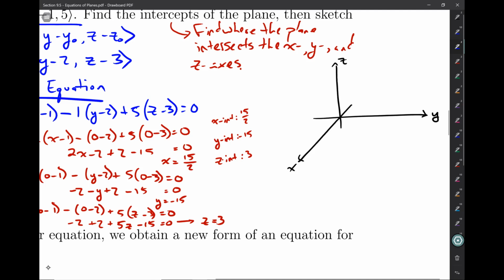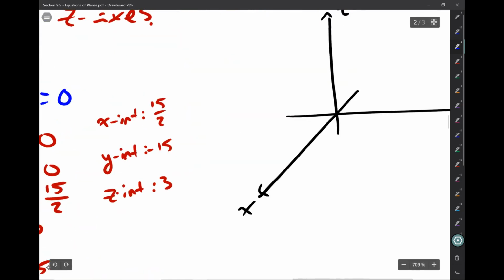So the x-intercept is at 15 halves, so come in here and say this is representing 15 halves. And then the y-intercept is at negative 15, so this is going to be 15 behind the origin on the y-axis, so let's call this negative 15. The z-intercept is at 3, let's call that 3.